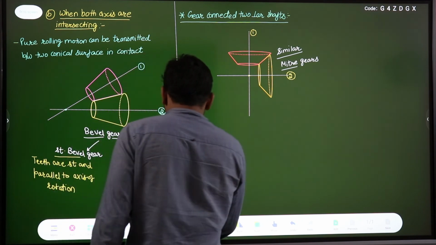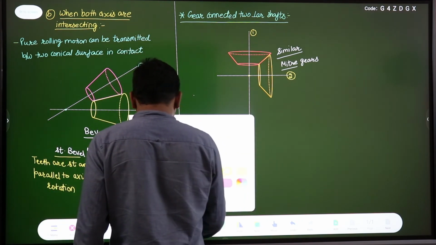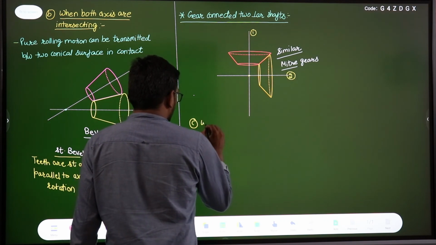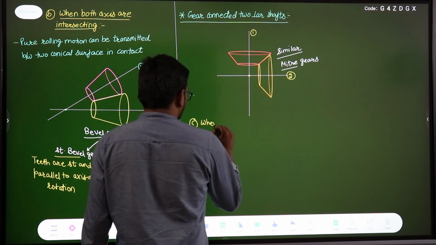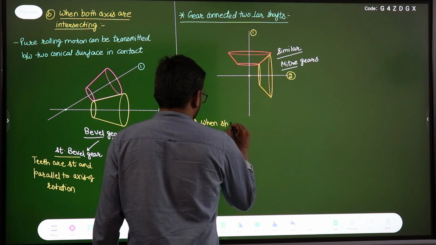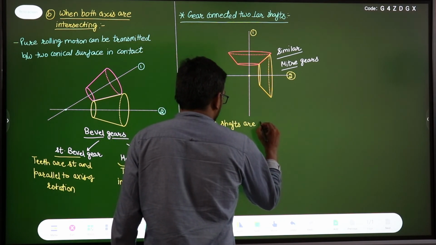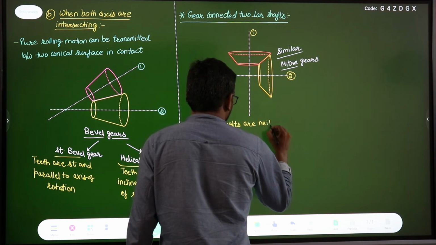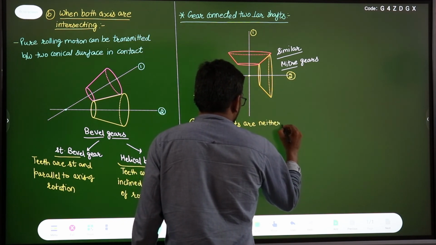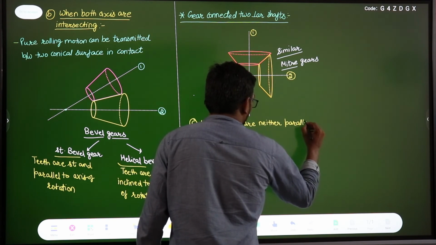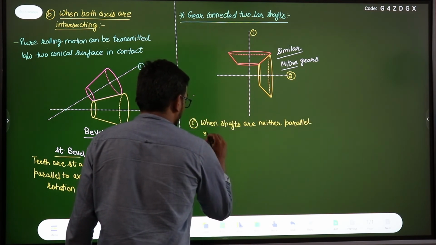Now the third one is C, when shafts or the axes are neither parallel nor intersecting.